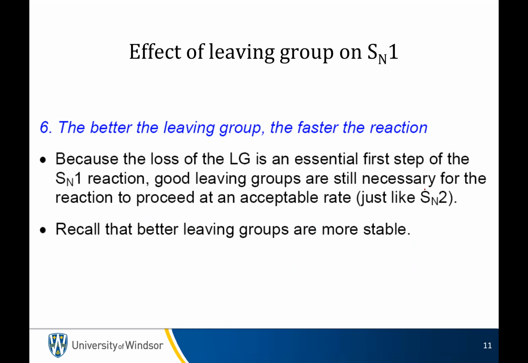Unsurprisingly, the better the leaving group, the faster the reaction, because so far with the intermediate, remember, starting material, intermediate, product, and we've been sort of thinking, okay, let's say starting material is this, the product is, I don't know, let's put an ammonia on there. Your intermediate is going to be the carbocation, which I should draw as planar. So far, we've been focusing on the carbocation.